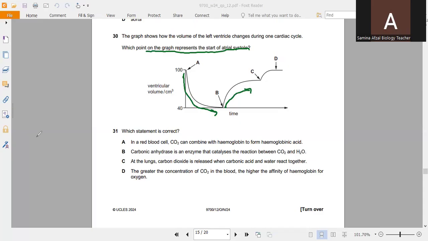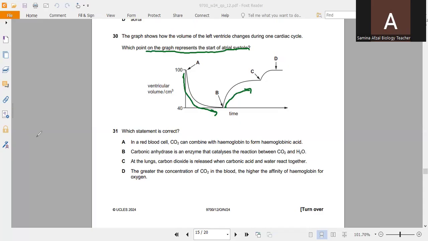So when the blood is filling into the ventricles, at that time atrial systole takes place, which pushes the blood out from the atrium into the ventricles.